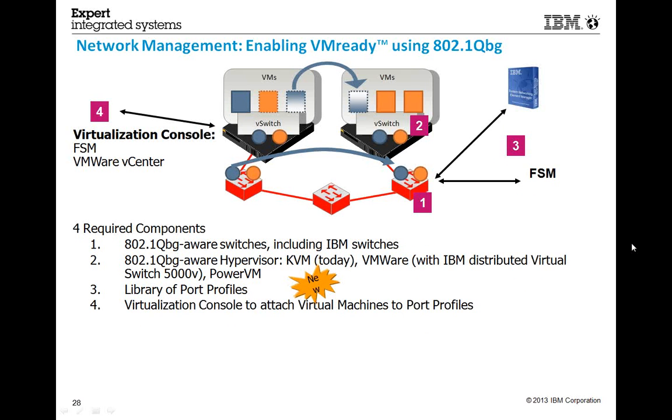Now, in the beginning of the slide deck, I talked to you about showing open standards-based virtualization, right? Open standards. So 802.1Qbg is an IEEE protocol that has enabled these physical switches to see the VM IP address.